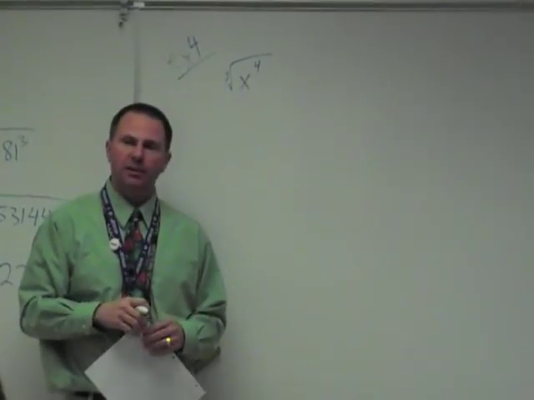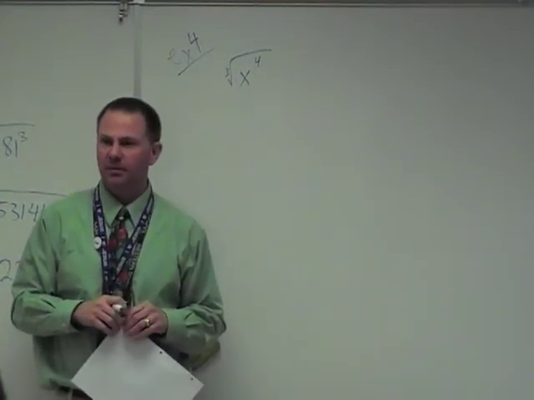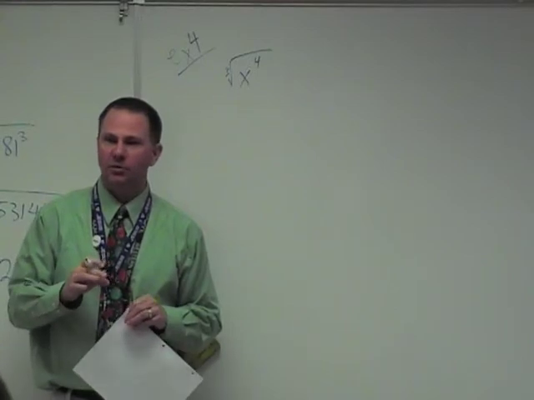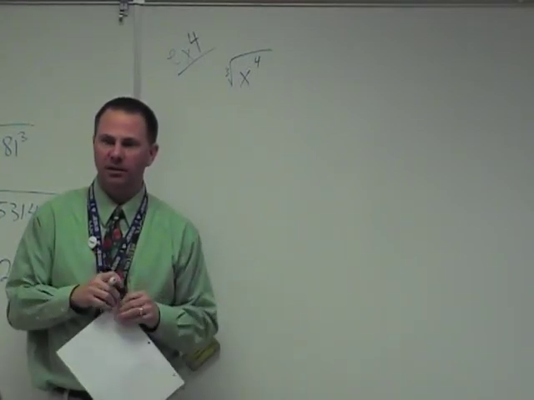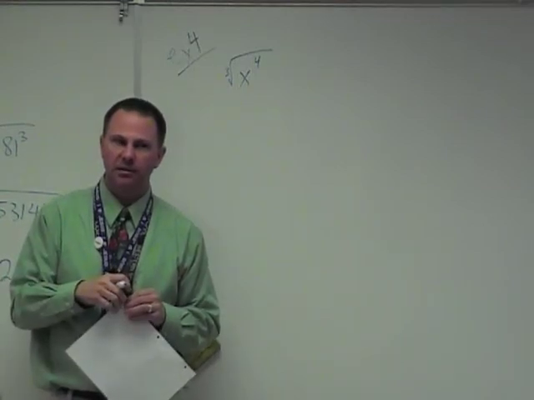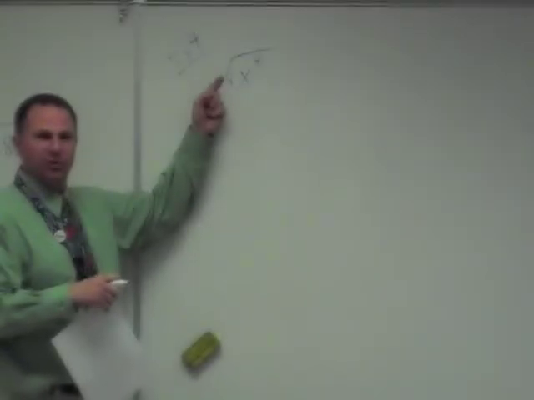Whenever you take the root of a variable, you've got to remember how you got that exponent to begin with. How do you get exponents on variables when you multiply them together? What do you do when you multiply like bases? You add. What are you multiplying together 3 times to get that?